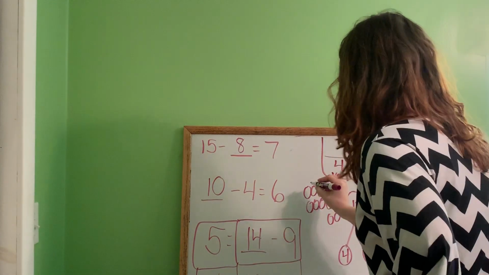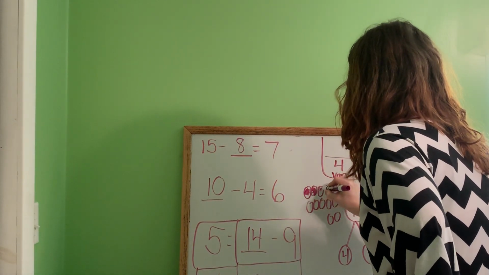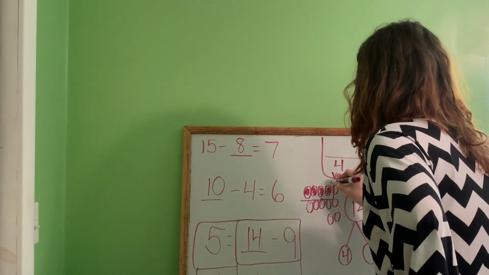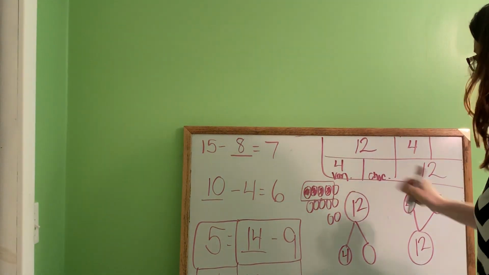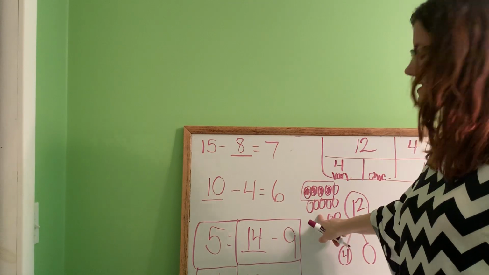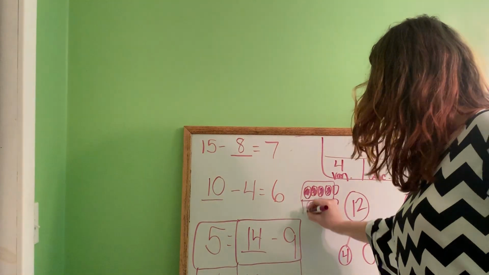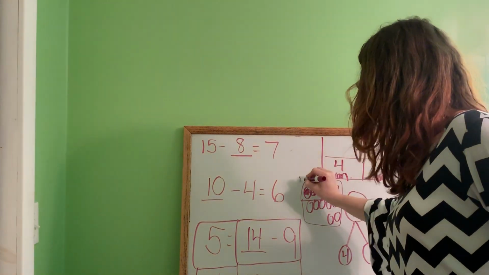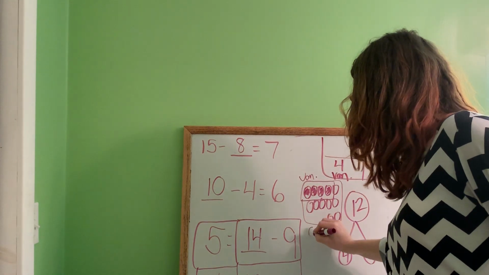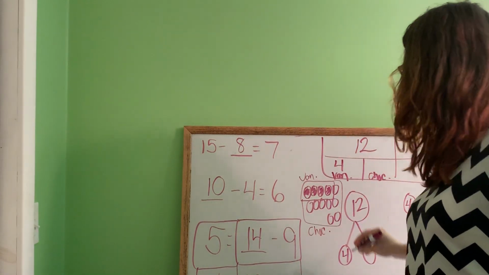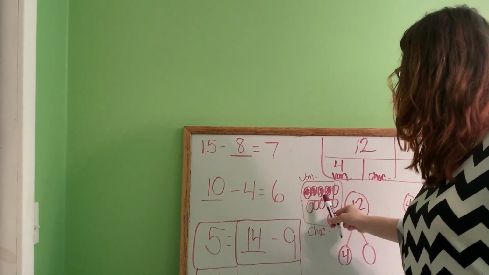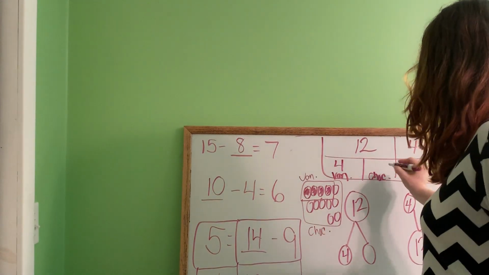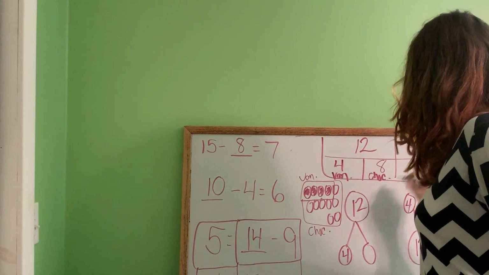And I am going to show 4 are vanilla. So I am separating 4 of them. And then I'm just going to count what's left over, because the leftover part is chocolate. And sometimes in the room I will label them. This is the vanilla part. This is the chocolate part. So 1, 2, 3, 4, 5, 6, 7, 8. 8 are chocolate.